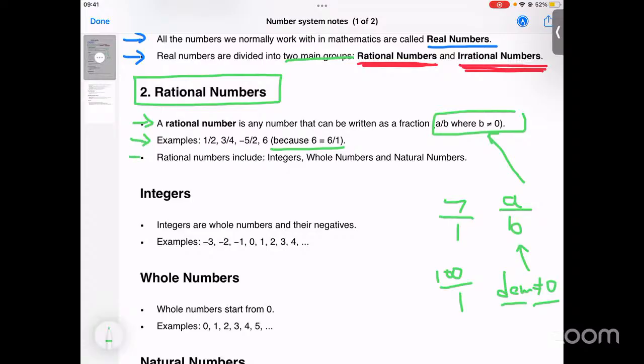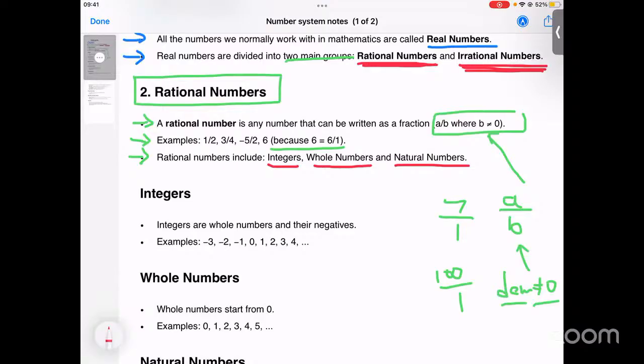Okay, something again that you need to be aware of is that a rational number includes the integers, whole numbers, and natural numbers. It is very important that you are aware of this information.